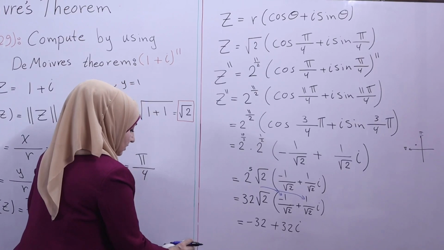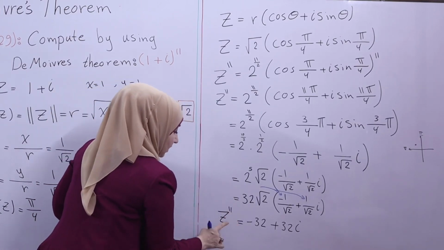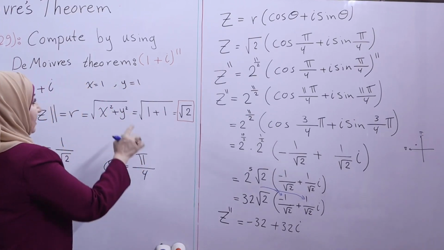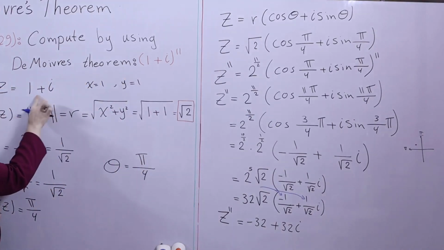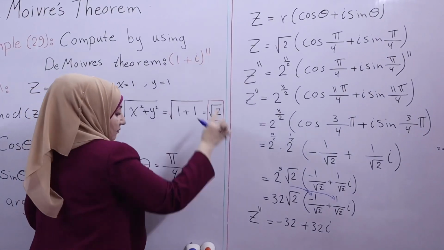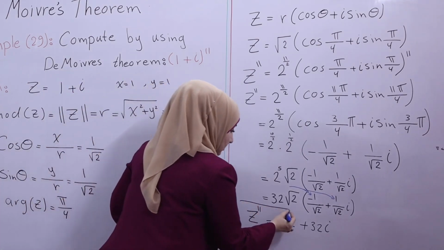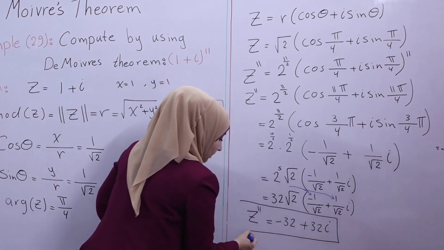So this is the result of z power 11. What we mean by z? ماذا نعني بz؟ z هنا كتبناها اللي هو العدد المركب اللي معطى بالسؤال لكن مرفوع للقوة 11. So this is the result which is required in the example.